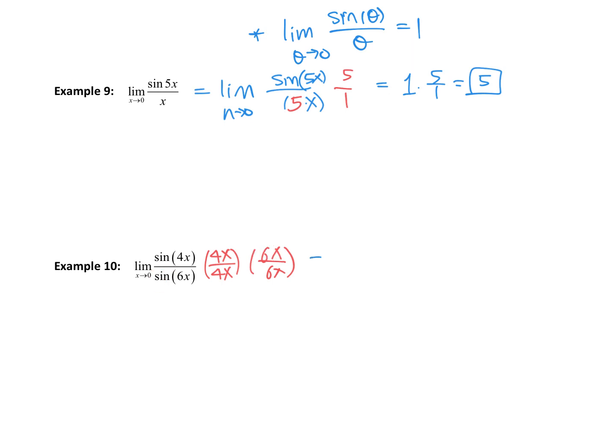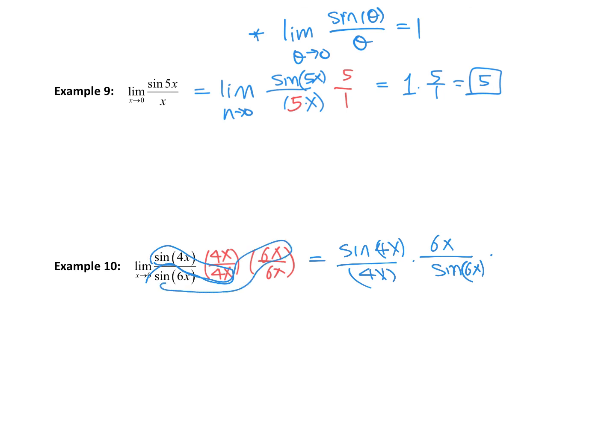So let me rewrite this. Sine 4x over 4x, times 6x over sine 6x. Times, so I took care of this one, and then I took care of this one, so I have an extra 4x on the top, extra 6x on the bottom. So I just reorganized it.